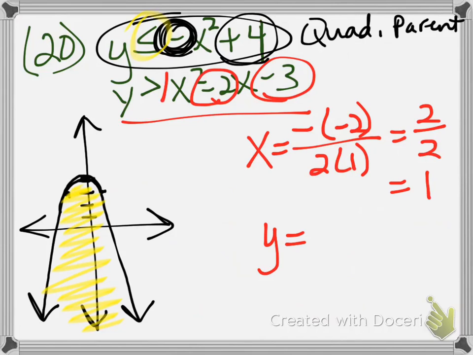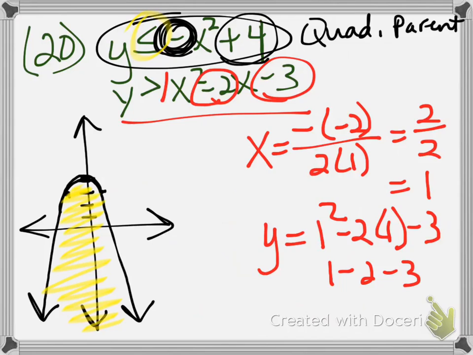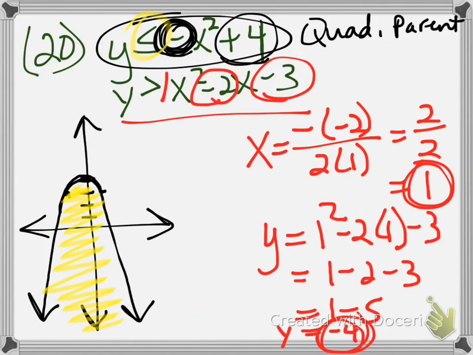My y value is going to be 1 squared minus 2 times 1 minus 3. So 1 minus 2 minus 3 is 1 minus 5 is negative 4. So together my vertex is 1, negative 4.